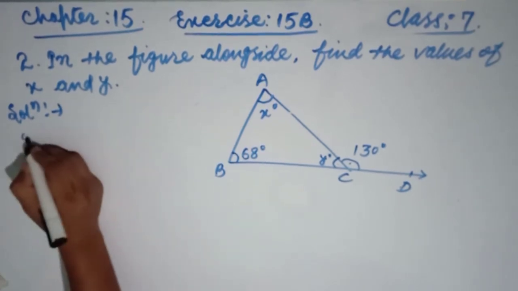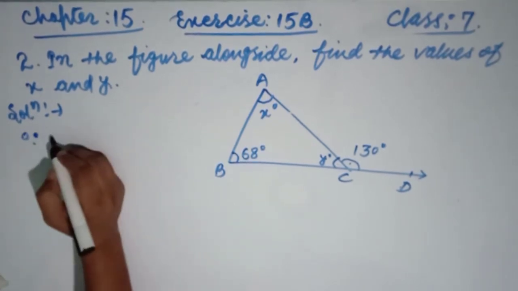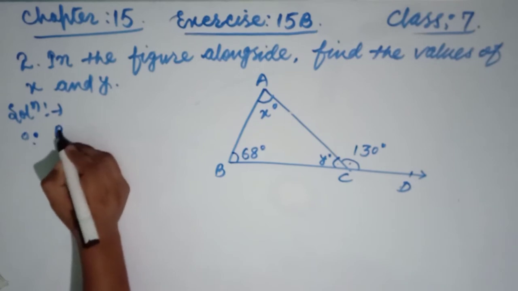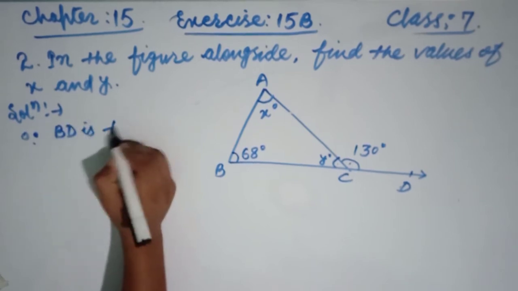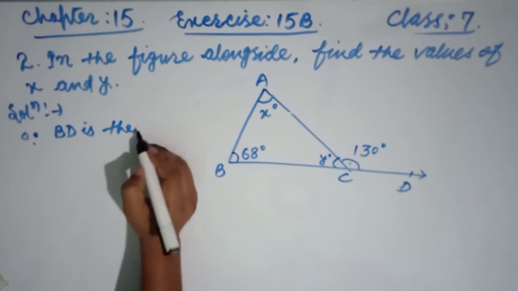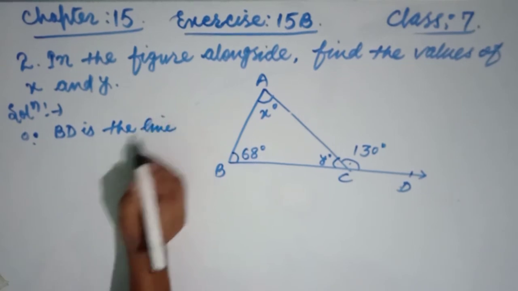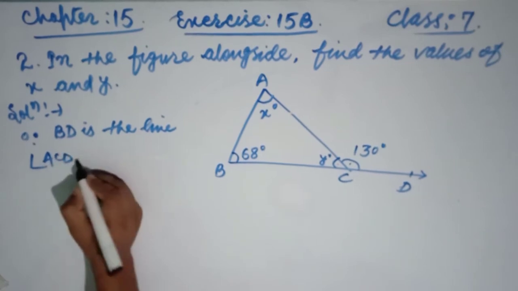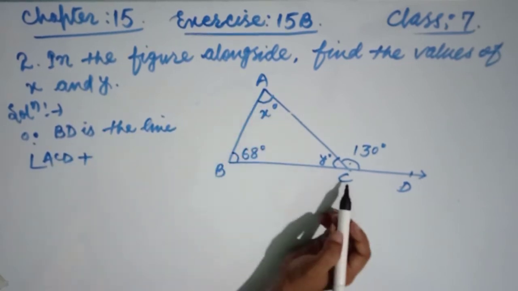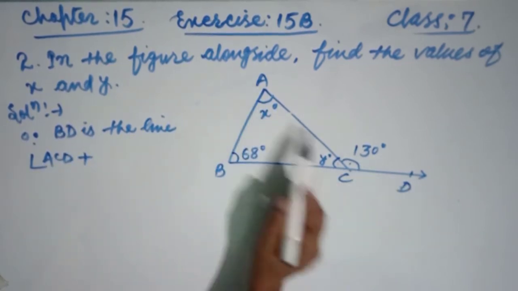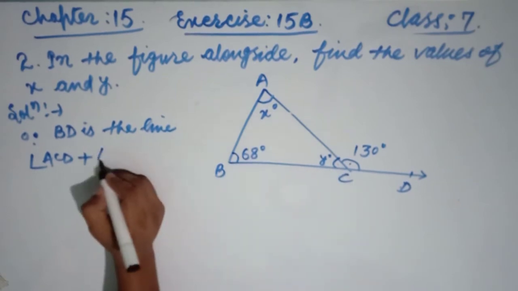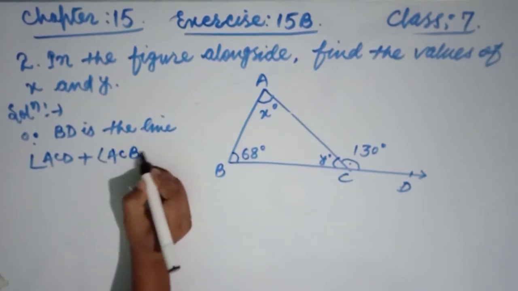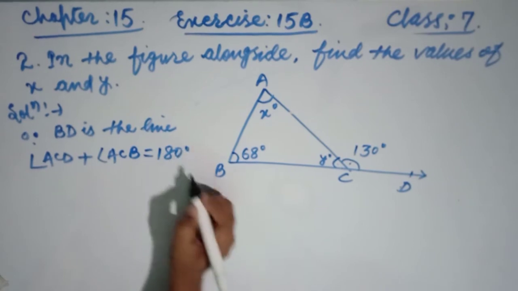See friends, in the triangle, BD is a line, or part of a line. So angle ACD plus angle ACB is equal to 180 degrees because of the straight line.